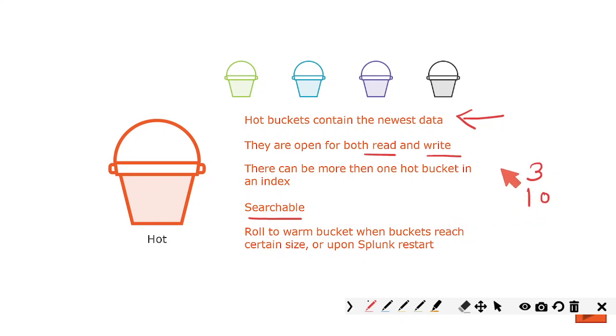We will try to decipher where the configuration is, or what the parameters are that represent how many hot buckets can be configured in one of the indexes. Okay. Once your data reaches a certain size, your data will automatically be rolled from hot to warm. That is something to understand. For example, your hot buckets might be 750 MB in size.